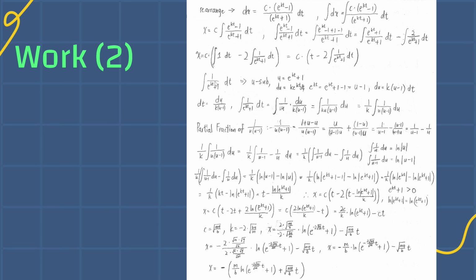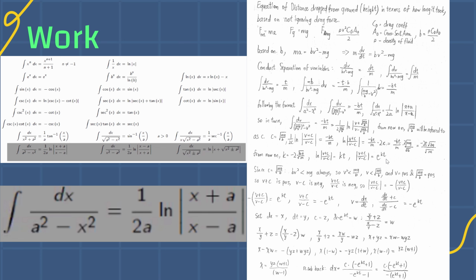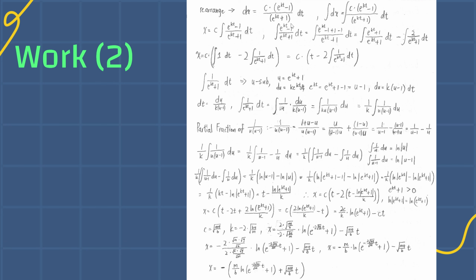Eventually, my friend got to simplify whatever we integrated from this equation into this here, and then we integrated that again, because that's how you get from velocity to distance.